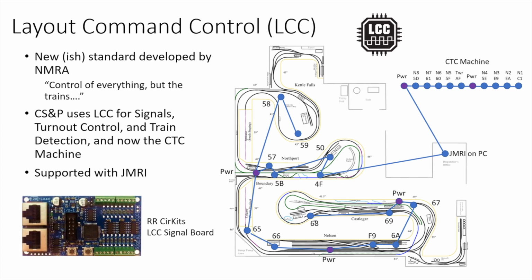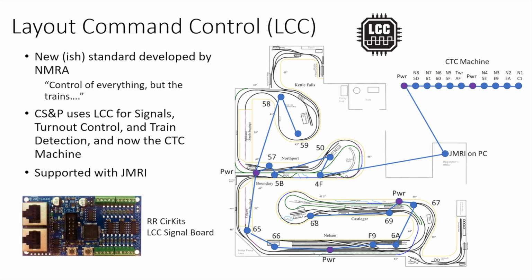On the CS&P, we use it to control the signals, for turnout control. The tortoise machines are hooked into it, for train detection, and actually for sound modules as well, and now for the CTC machine. So we had an existing 13-node network underneath the layout, and basically we've added another 9 nodes to that.